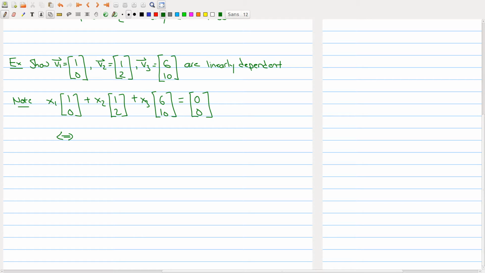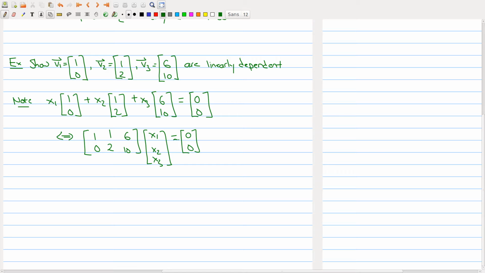Now we step back and notice this is really a matrix equation. We could rewrite this as a matrix equation where my matrix has first row 1, 1, 6 and second row 0, 2, 10, and I'm multiplying it by the vector x1, x2, x3, and I want to set that equal to (0, 0).